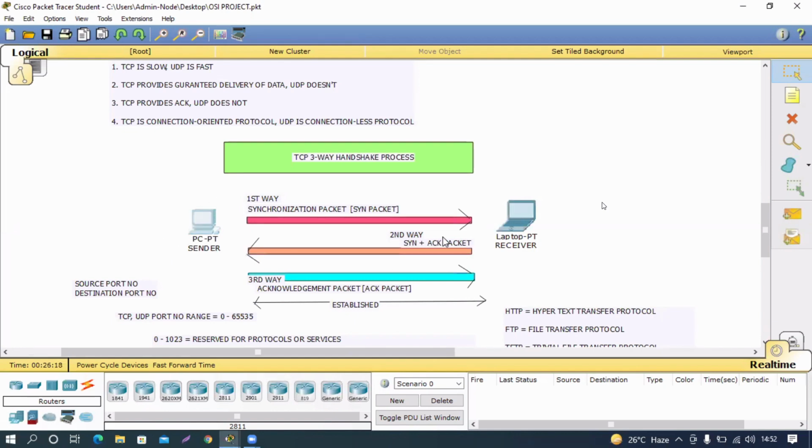So this acknowledgement packet coming from the receiver is the response to the SYN packet, because when this SYN packet is sent, this acknowledgement comes in response to the SYN. Apart from that, this machine also is sending a synchronization packet. It is basically checking whether the sender is available to build the connection or not.